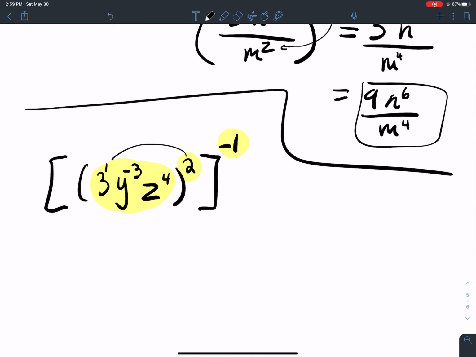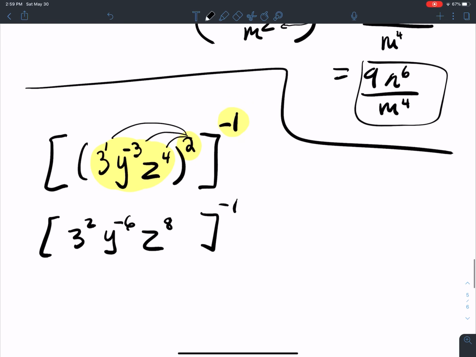So when I multiply through, what am I going to have? I'm going to have 3 squared. I'm going to have y to the, now 2 times negative 3, that's negative 6. And then z to the 8. Now I'm going to multiply this negative 1 exponent times all these in here. 1, 2, 3.